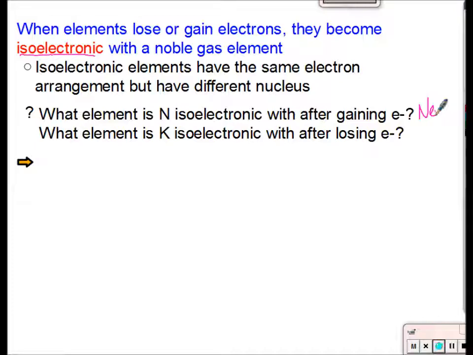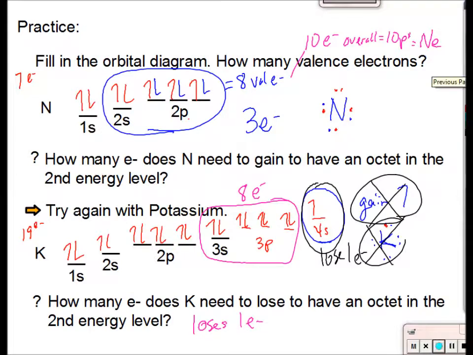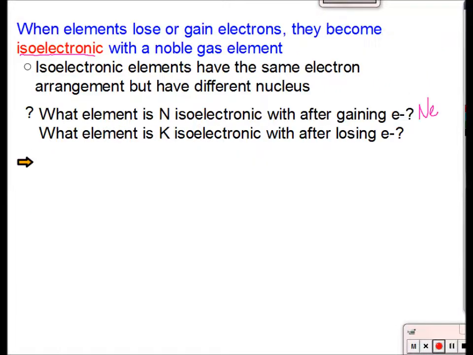Potassium has lost an electron, so this is now gone. I now have filled through the 3p level. This means I have 18 electrons total, which means 18 protons, which is the same thing as argon. So potassium is isoelectronic with argon.